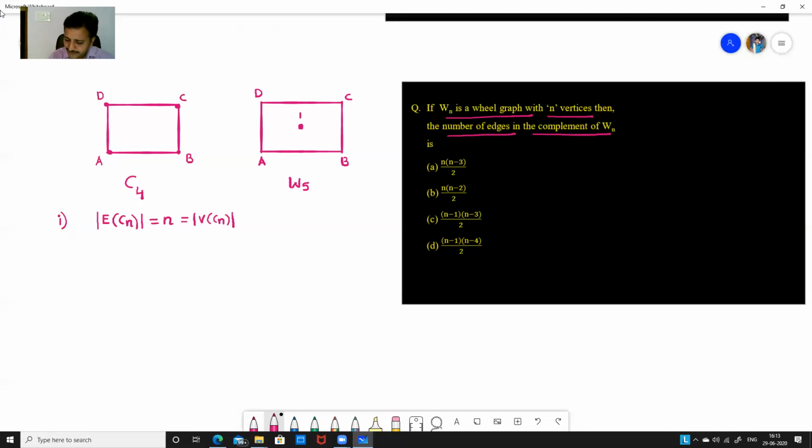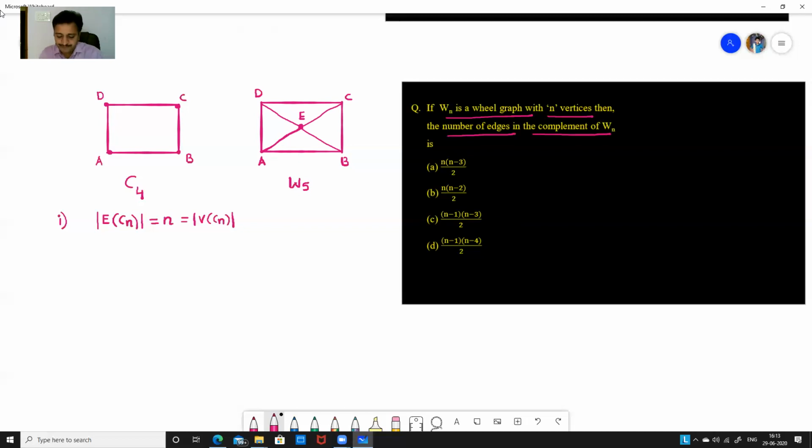Now this newly added vertex E must be adjacent to all the remaining vertices. Two vertices are said to be adjacent if they share a common edge. Therefore, E is adjacent to A, similarly E is also adjacent to D, C, and B. This is called a wheel graph, with 5 vertices. Remember this one.